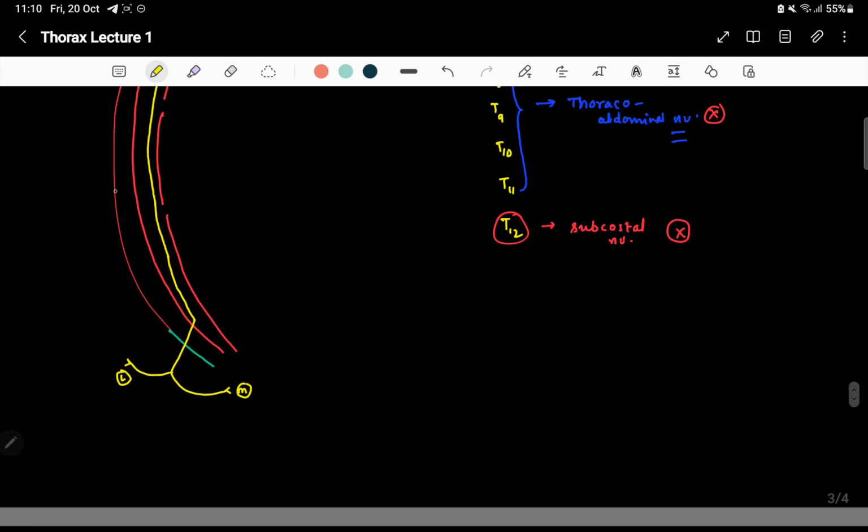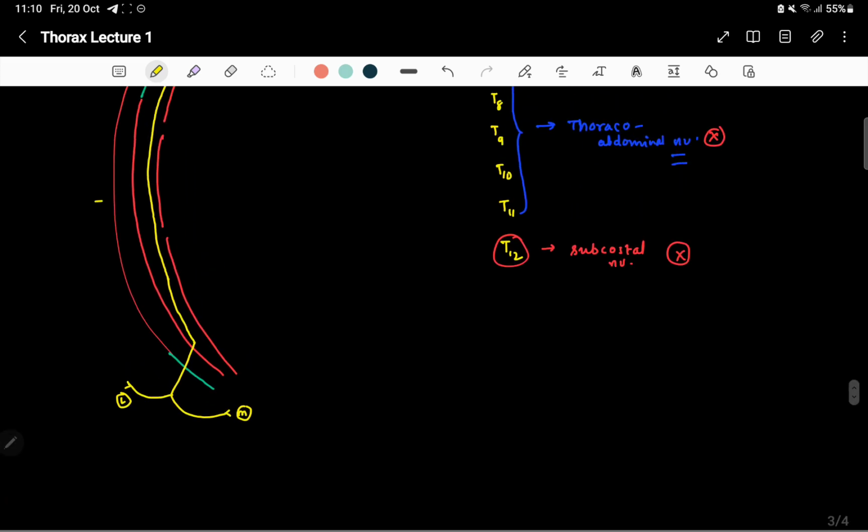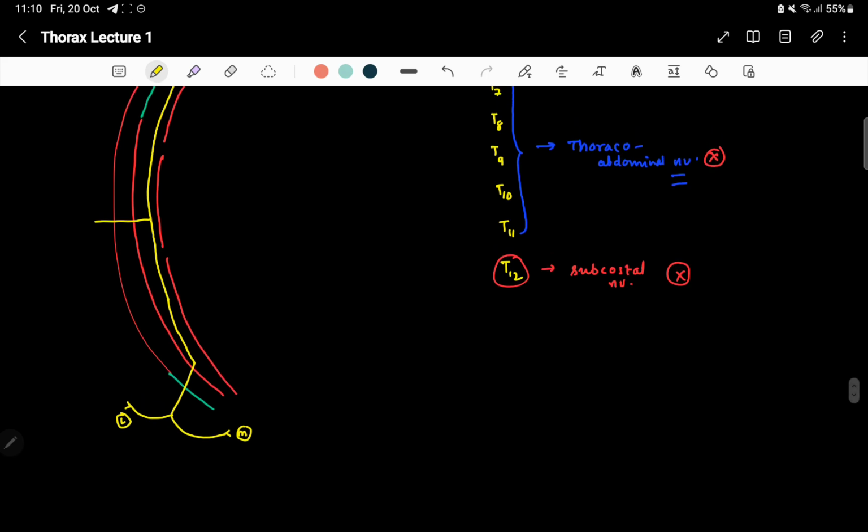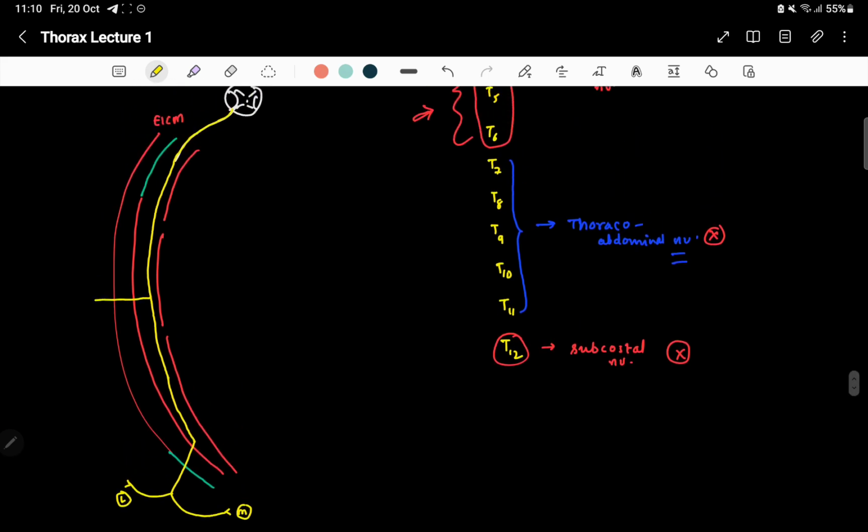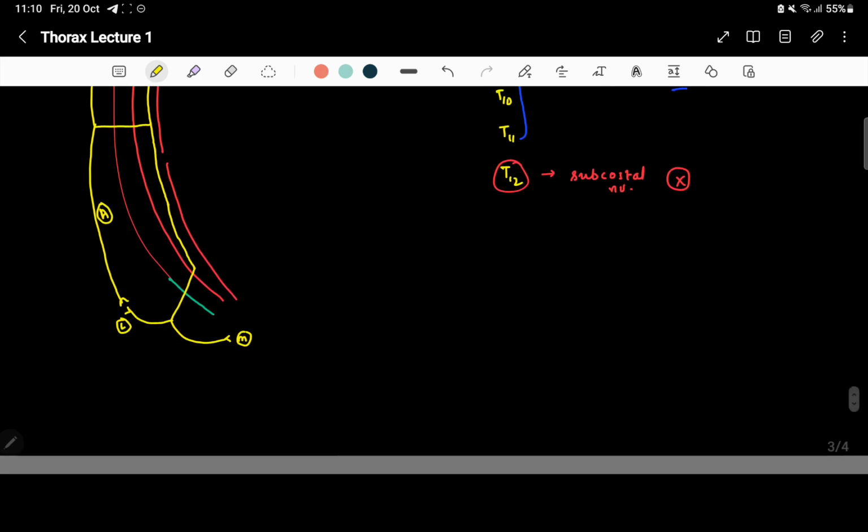In front of this it will divide into a posterior branch and an anterior branch, and the anterior branch and your lateral branch anastomose here, this is the anastomosis point.